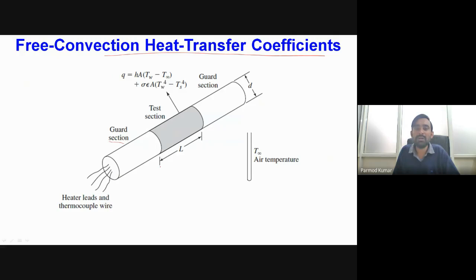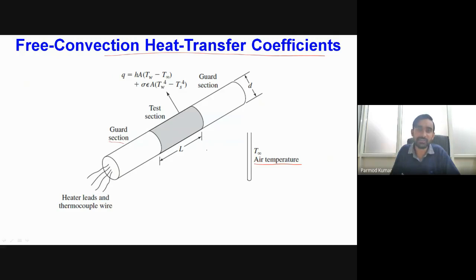So in this arrangement we will have the establishment of a natural convection induced flow of fluid, with continuous transfer of heat from this hot surface to the surrounding air.